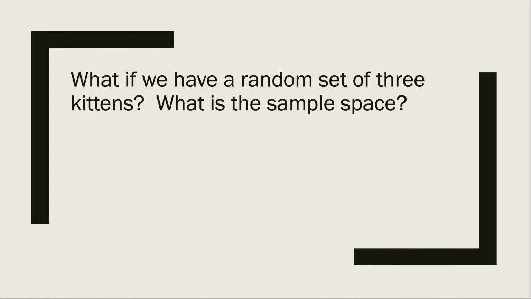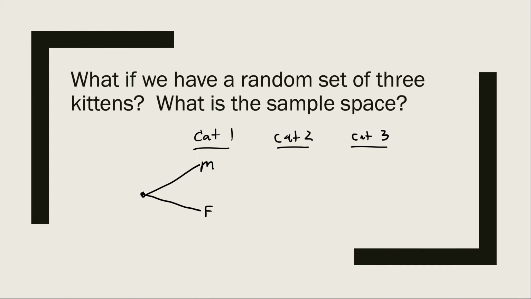Okay, so I'm going to do 3 columns. I'm going to do cat number 1, cat number 2, cat number 3, and place a starting point. I know the first cat can be male or female. If the first cat is male, the second cat could also be male or could be female.